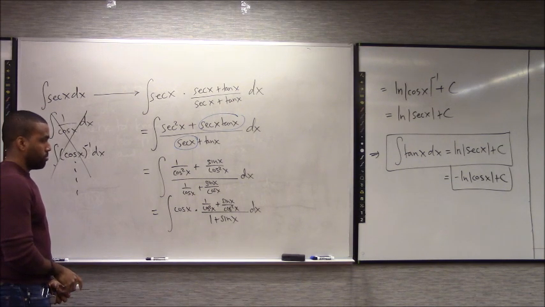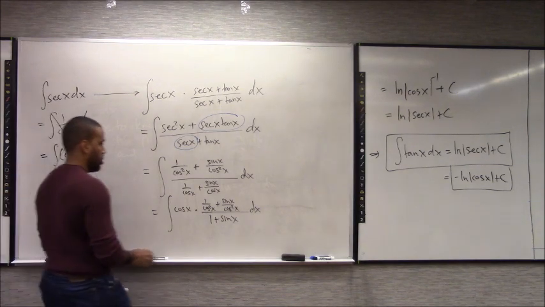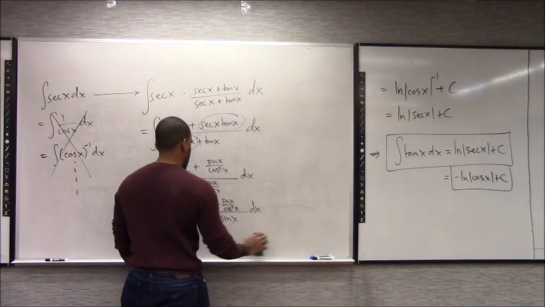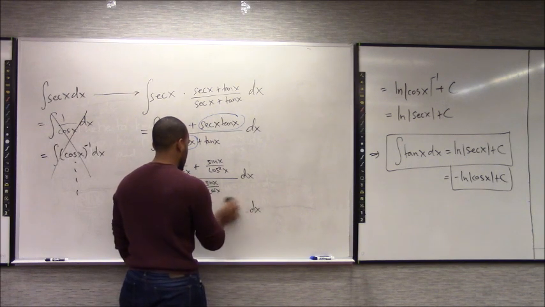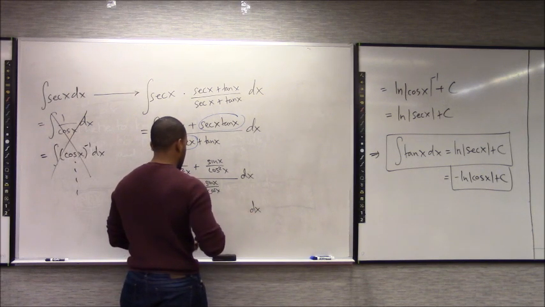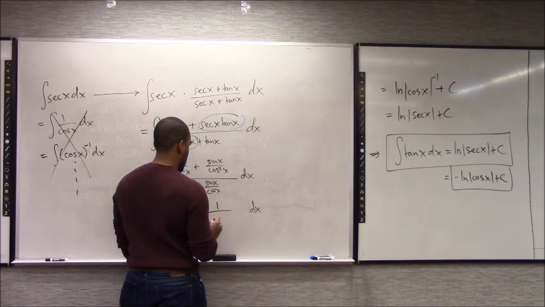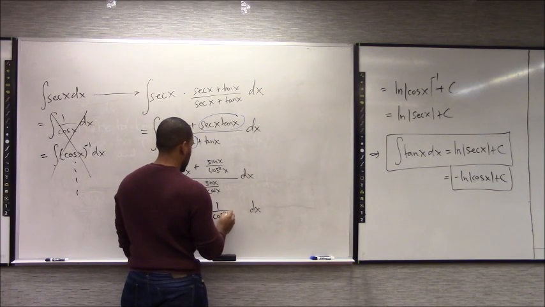You can cross them out, like 1 plus sine x. That's over cosine squared x. And so this would all become, sorry about my English, 1 over cosine squared.